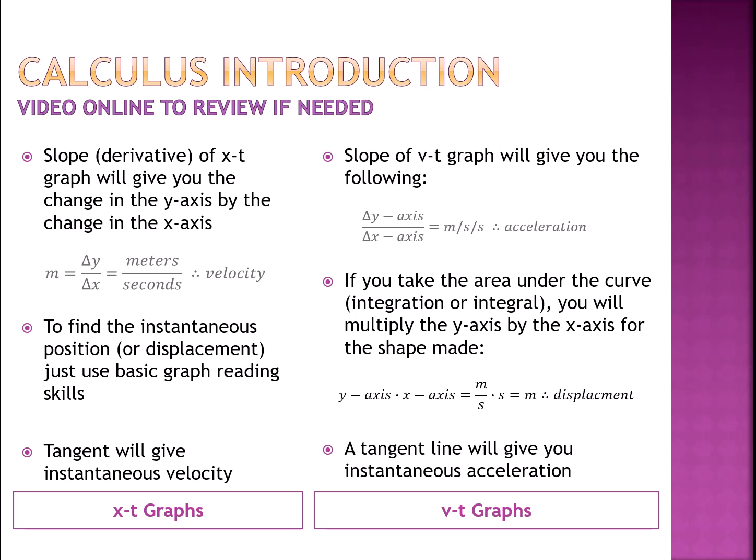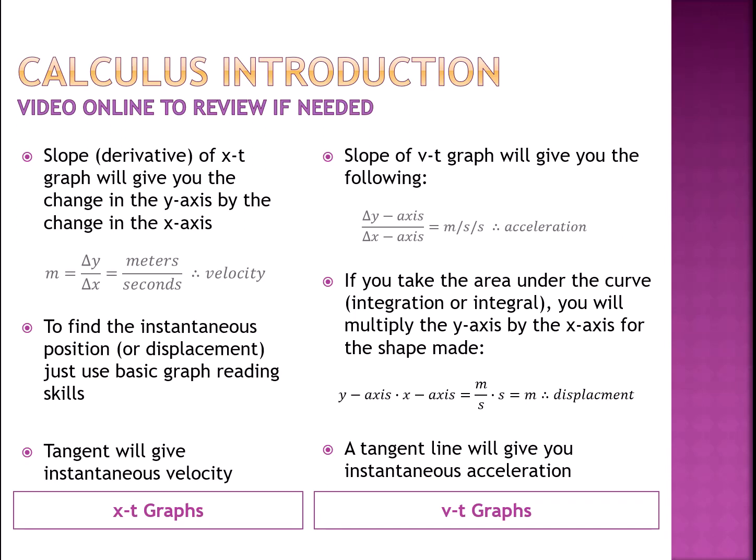So if I give you an xt position graph, if you choose 2 points and calculate the slope between those 2 points on the line, you have just calculated the average velocity between those 2 points, the value on the graph below it. If I gave you a velocity versus time graph, and I asked you to calculate the slope of the graph, you just calculated the average acceleration.